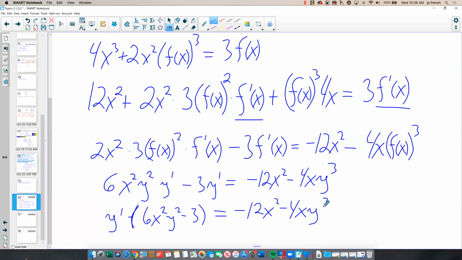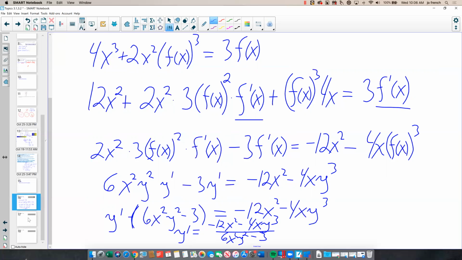Finally, the last step would be to divide, and I would get y prime is equal to my negative 12x squared minus 4xy cubed, all divided by 6x squared y squared minus 3. And there's my derivative, y prime.